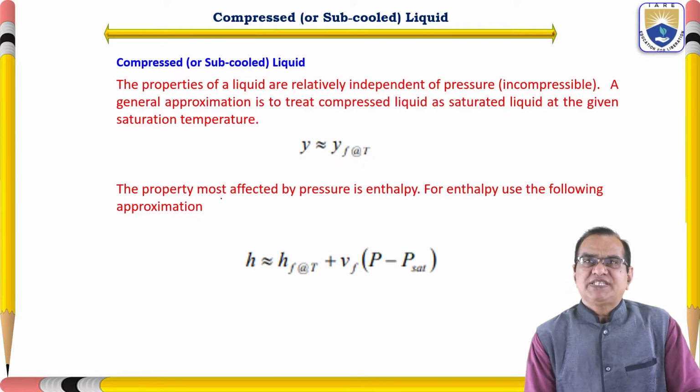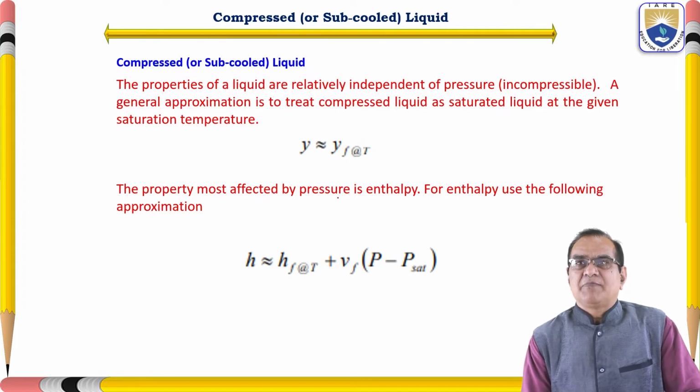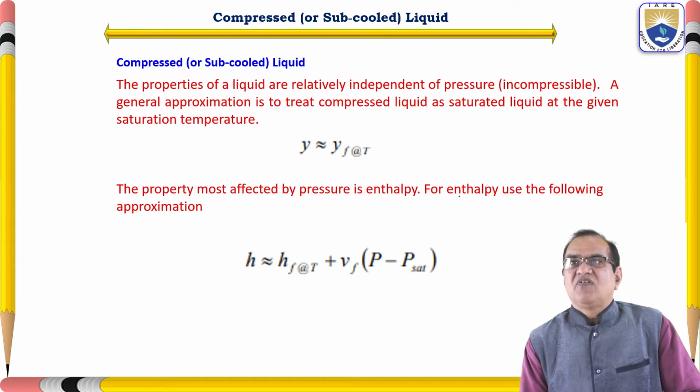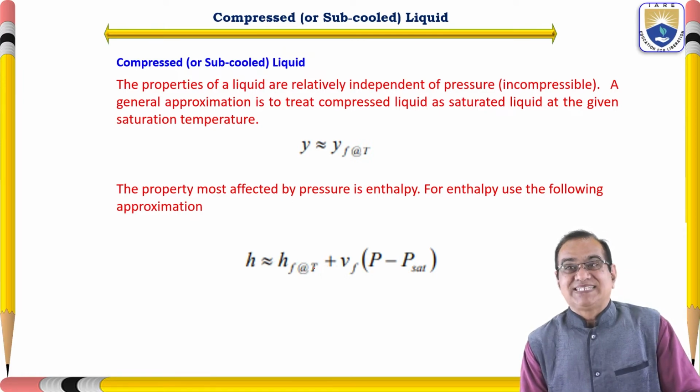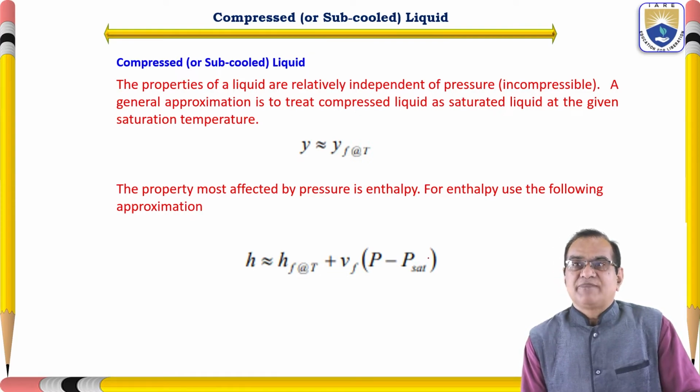The property most affected by pressure is enthalpy. For enthalpy, use the following approximation. So enthalpy is given by H, and this H is approximated as Hf at T plus Vf into P minus P saturation. So this is the enthalpy which is affected.